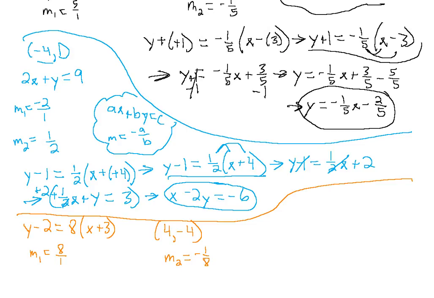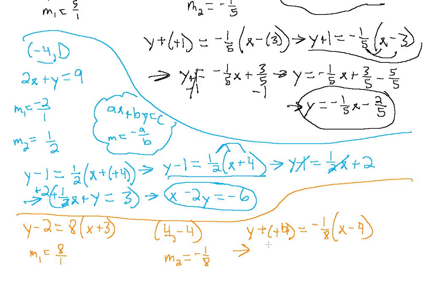Now we can just use our point slope form to write out our second equation, given that it goes through this point. So we have y minus y naught, which is minus 4, equals our slope minus 1 over 8 times x minus x naught. X naught is just 4. And we can go ahead and simplify this.